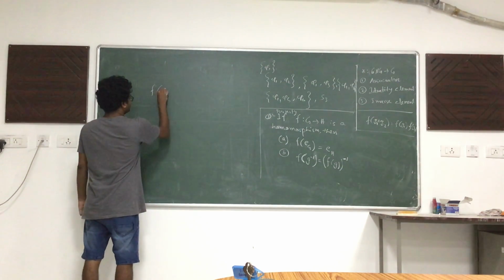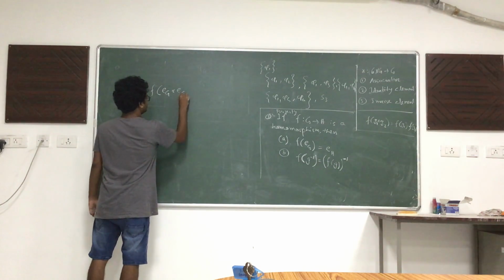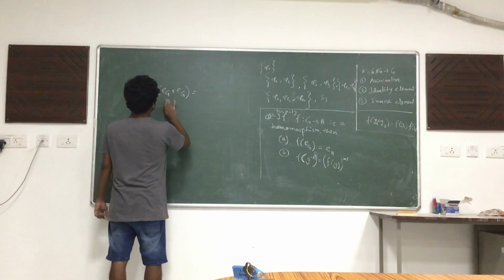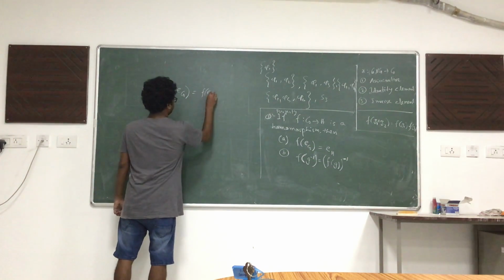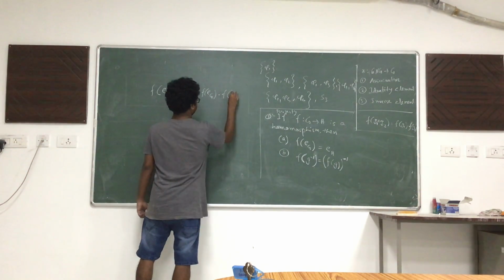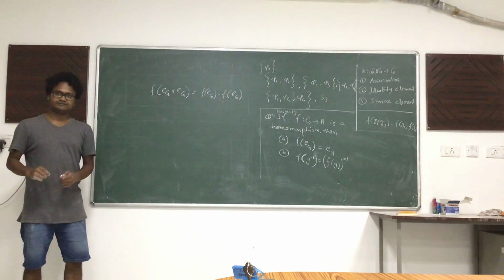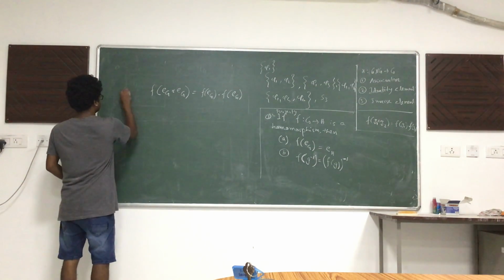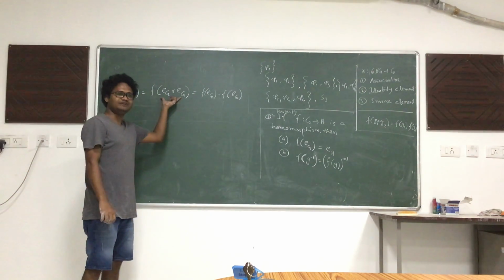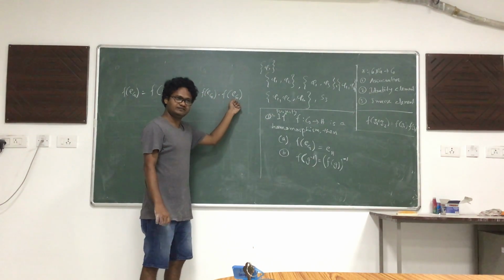By the definition, f of E_G dot f of E_G. So E_G can be decomposed into E_G times E_G, right?